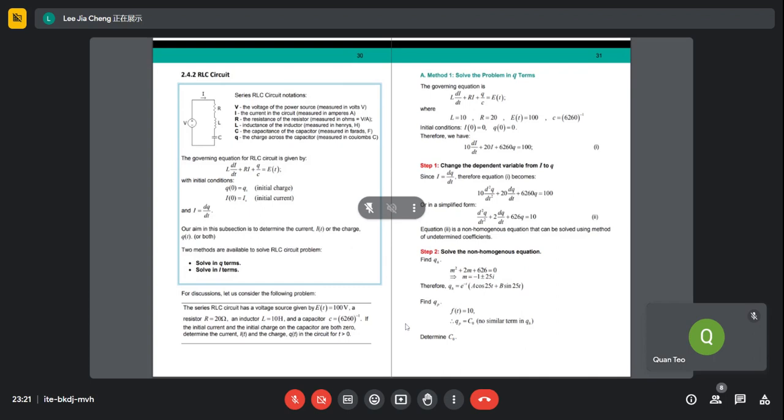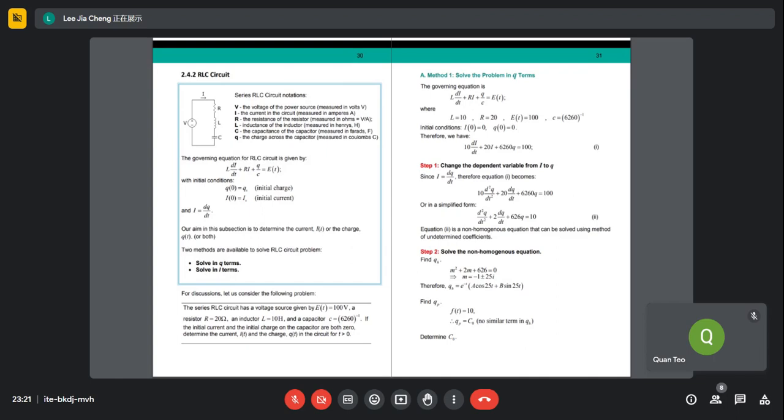Okay, so I will explain method one, in which we solve the problem in Q terms. First, like what we said above, the governing equation is L di over dt plus Ri plus Q over C equals E(t), where the given L is 10, R is 20, E(t) is 100, and C is 6260 to the power of -1.